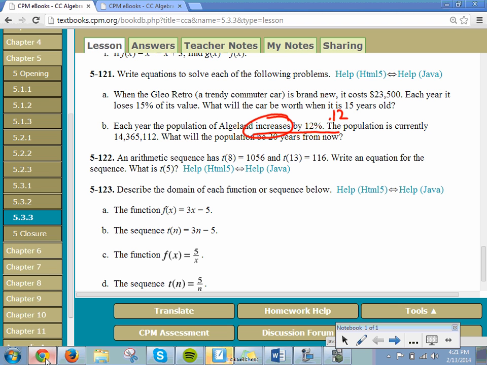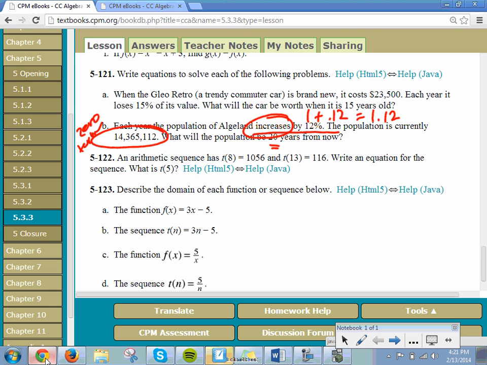So we take our rate, turn it into a decimal, 0.12, and we know that it's increasing, so we're going to add it to 1. So we have a rate of 1.12. And they give us a starting number. So our starting number will become our zero term. And they ask us what it will be 20 years from now.